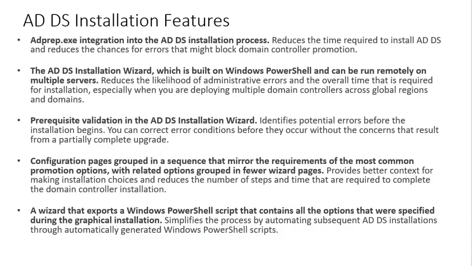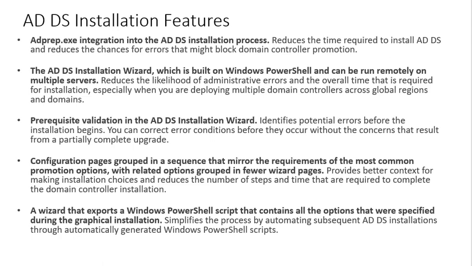Next, ADDS installation features. ADPrep.exe is integrated into the AD installation process, which helps to reduce the time required to install ADDS and reduce the chances of error. The ADDS installation wizard, which is built on PowerShell and can be run remotely on multiple servers, helps reduce the likelihood of admin errors and the overall time required for installation.